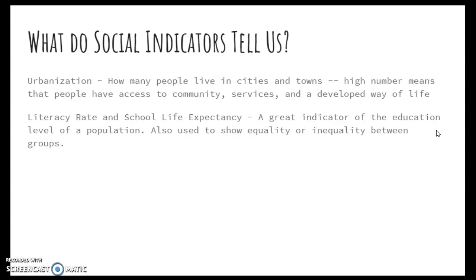One other thing that this is really useful for is to find out how equal or how unequal a society is. So, for example, if a country has males with a school life expectancy of 12 years, and females have a school life expectancy of 4 years, that shows us that there is inequality in that country, that males have more access to education, or that females don't have as much access, they're being required to do other stuff.